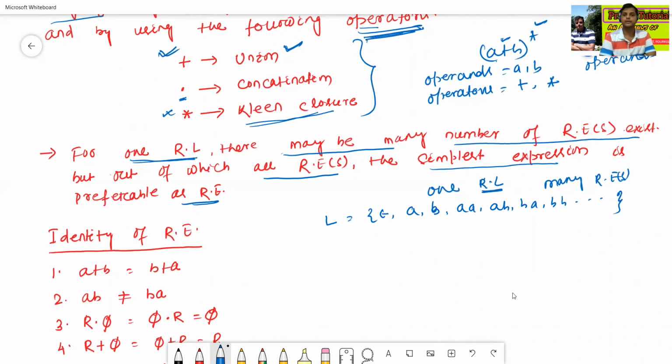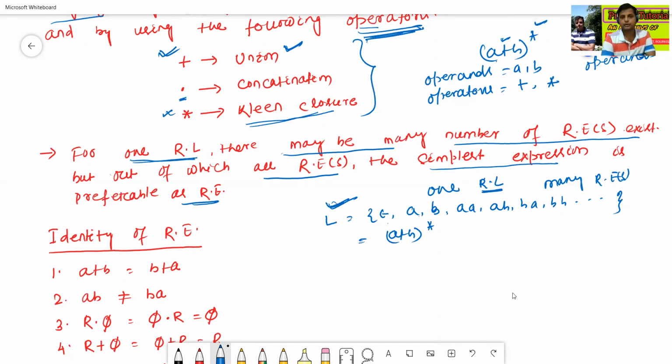This is one language. We can find the regular expression for the given language. We can represent the regular expression like (a+b) whole star. This is one regular expression.